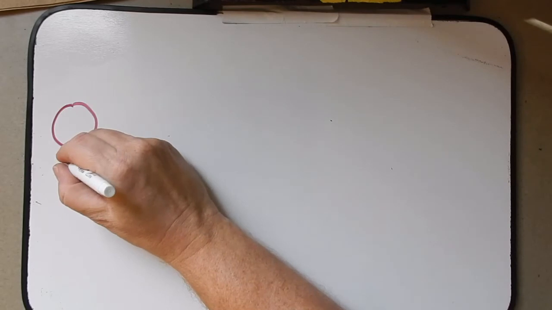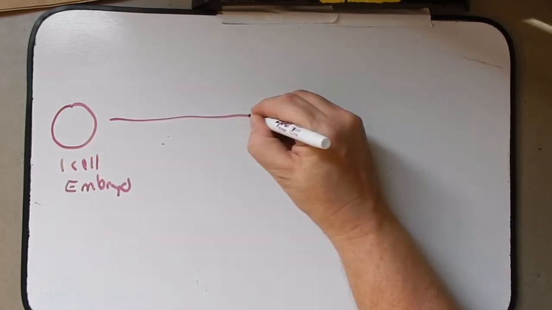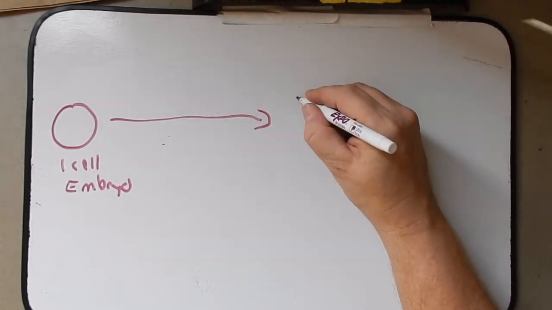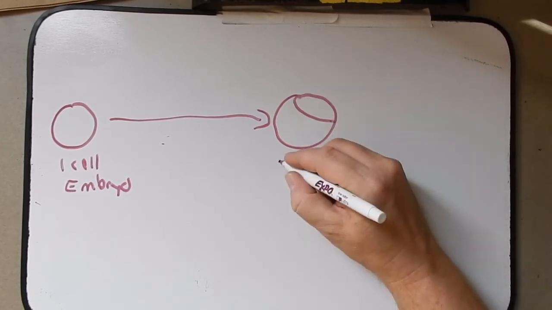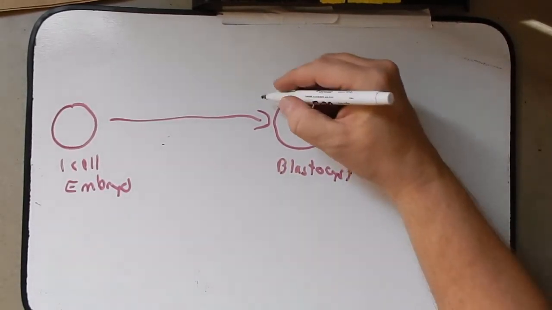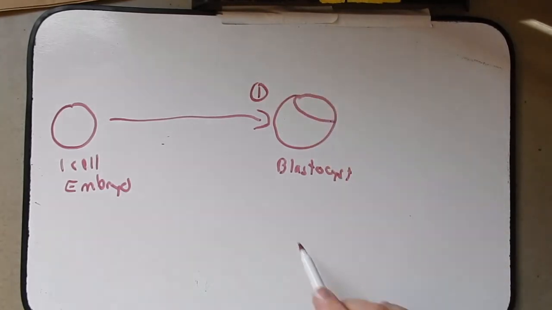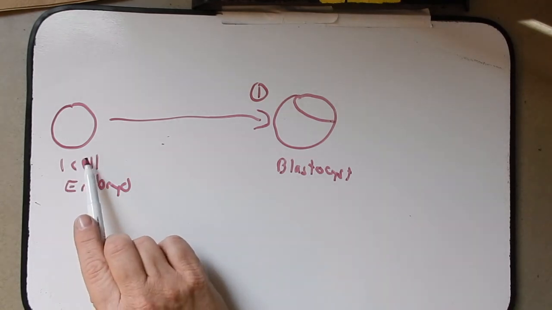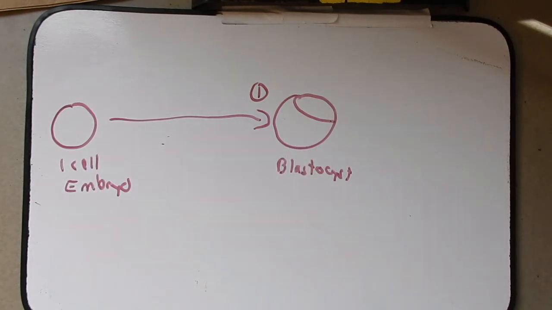Okay, I think that ends this podcast. In this podcast, just remember, we started with a one-celled embryo, and we took it through several divisions until we ended up with the blastocyst. And we talked about various features here, but the key point here was that this is the site where the cells went through their first cellular differentiation, where they went from totipotent stem cells to pluripotent stem cells.